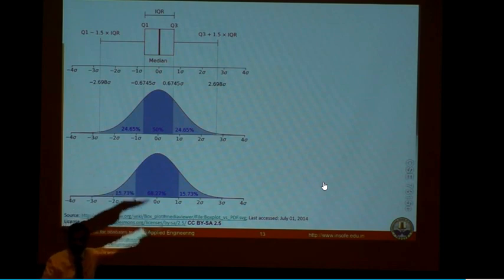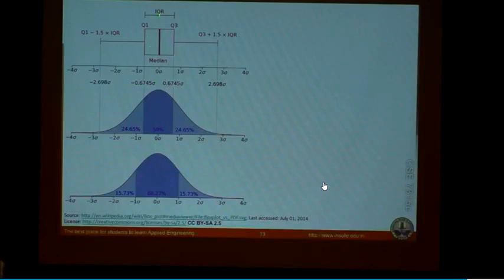But this is my box plot. Instead of vertical, I have just made it horizontal. For a perfectly symmetrical thing, the median is right there in the middle, on top of the mean. 25% of the data between Q1 and median, Q2 and Q3, 25% here, 25% here. Okay?